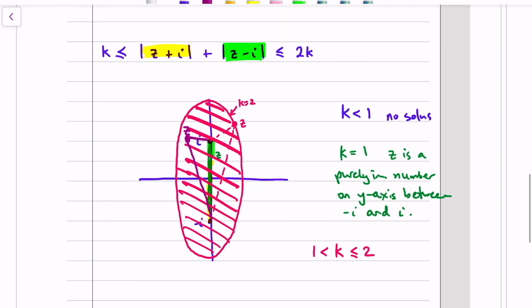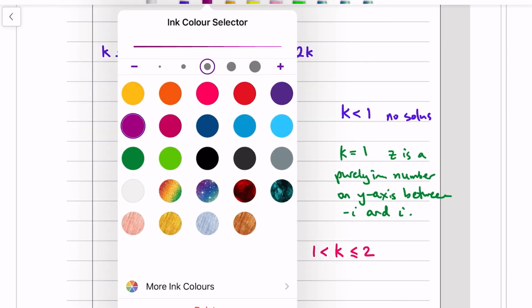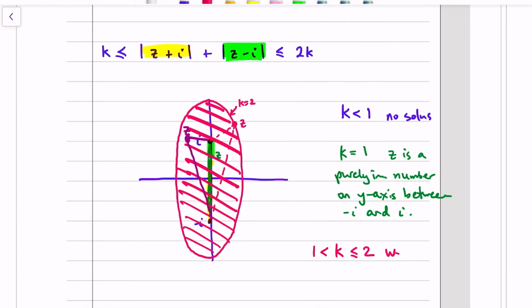So between 1 and 2 we get a solid ellipse. Foci minus i and i.